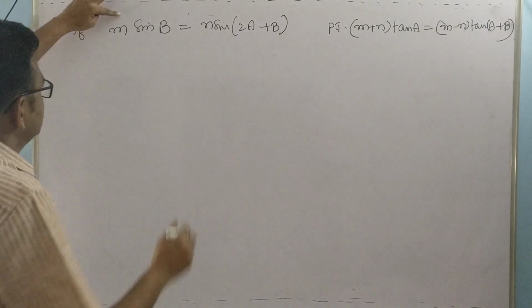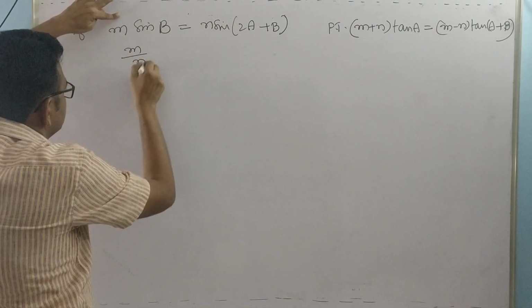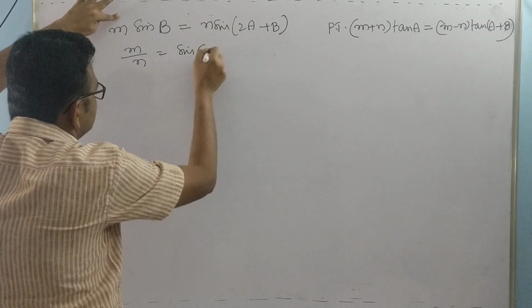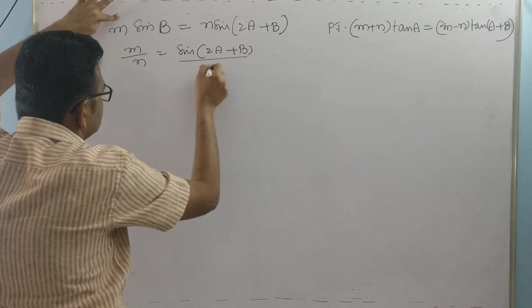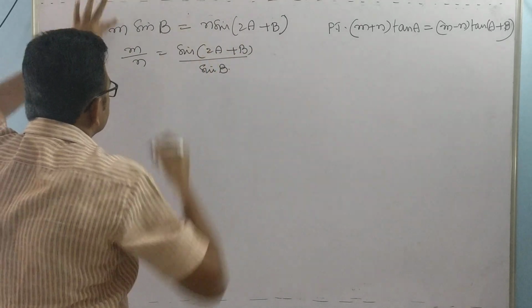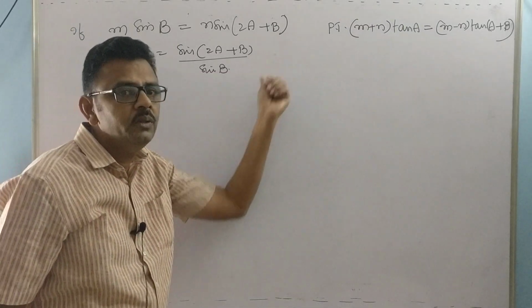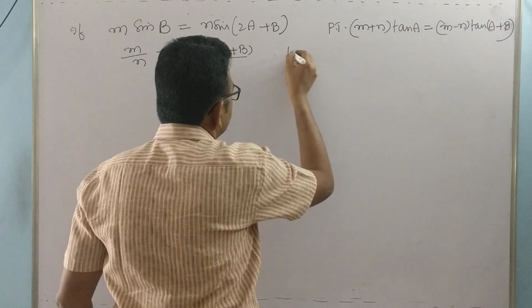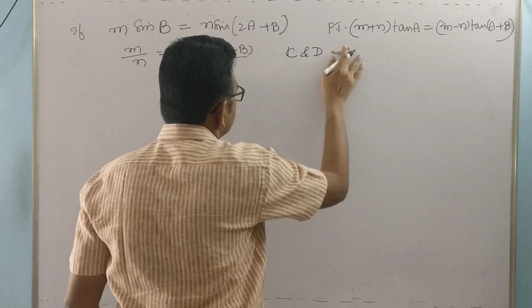Take n to this side, m by n is equal to sin of (2a plus b) by sin b. Now we are applying componendo and dividendo. What is the componendo and dividendo rule?